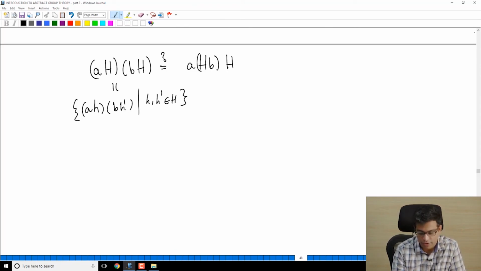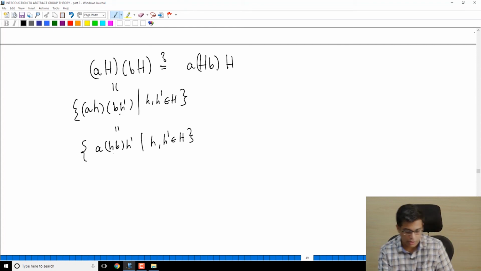I just want to use a different letter because you have to vary all elements of capital H. So AH times BH, if you use associativity of group product, then I can vary h and h prime, two elements of H, which may not be distinct.